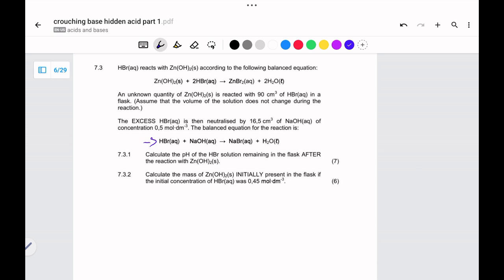Its only purpose is to serve as a measurement of the hydrobromic acid solution after the reaction. So whatever we get from here, all we're thinking is this reaction's only purpose is it's a measurement device. This is the primary reaction over here. This is secondary.